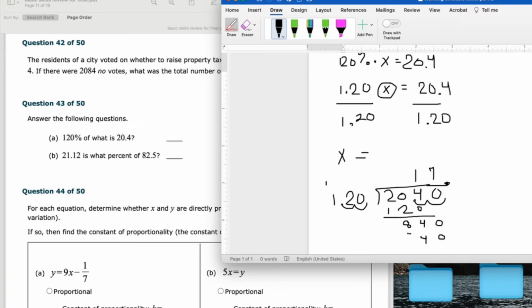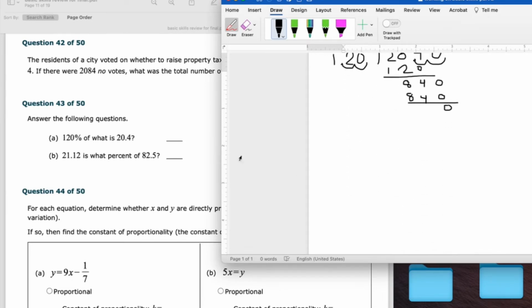We were right, it is 7 times, which gives us a perfect 0. So 17 is the whole answer to this first part. 120% of what is 20.4? The answer is 17.